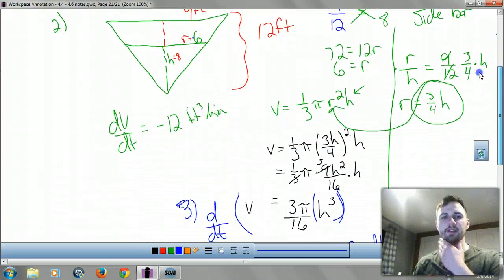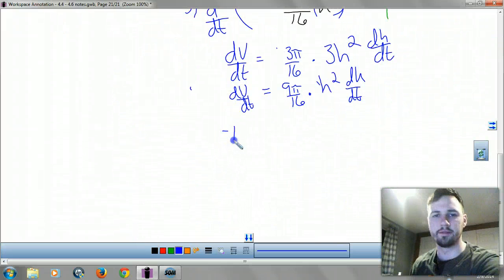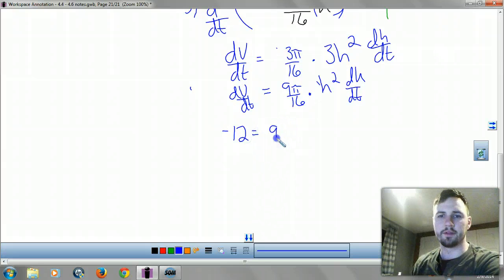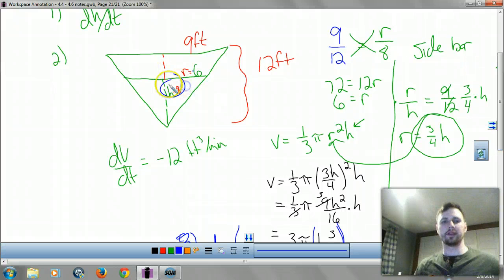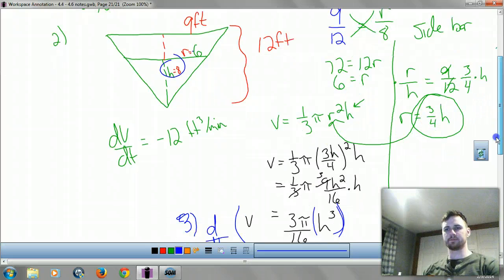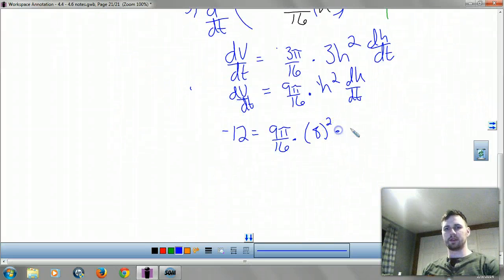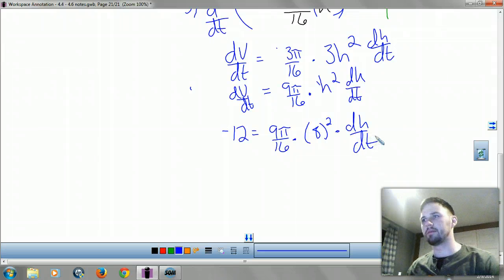Well, dV over dt is negative 12. 9 pi over 16 times our height, which was 8, squared, times dh over dt.